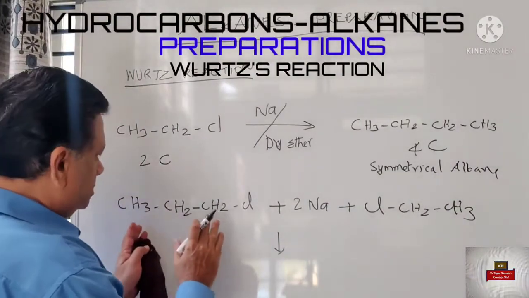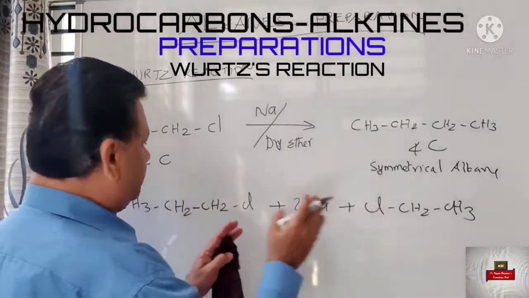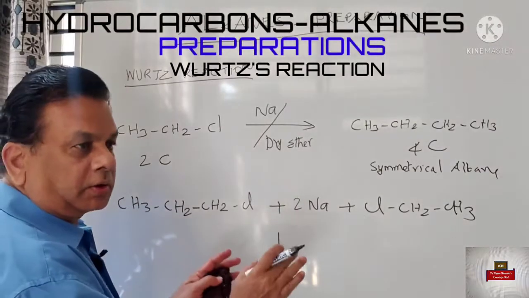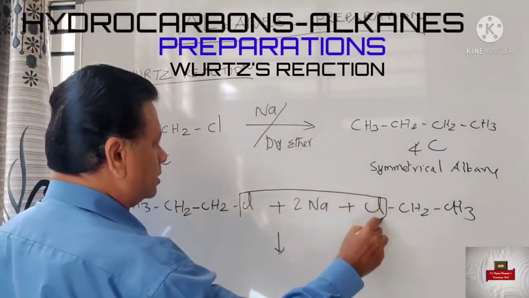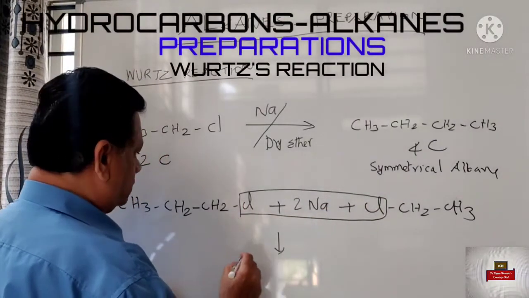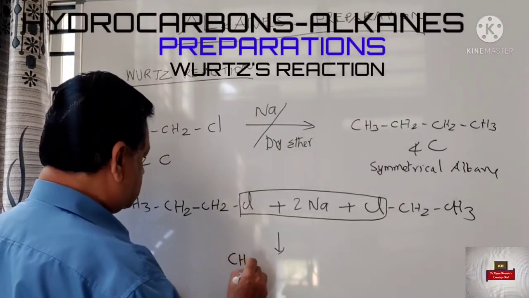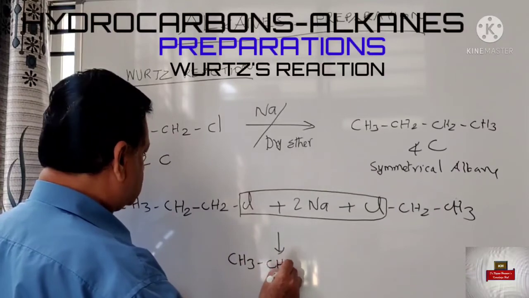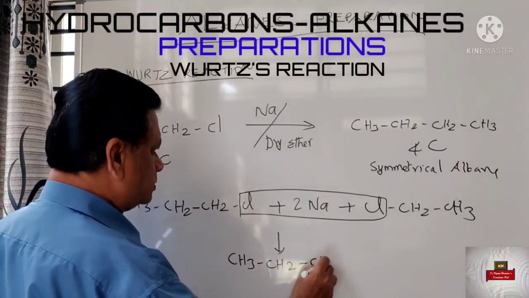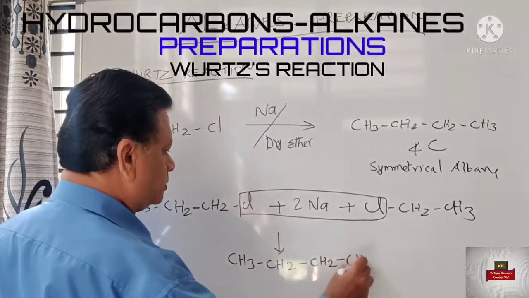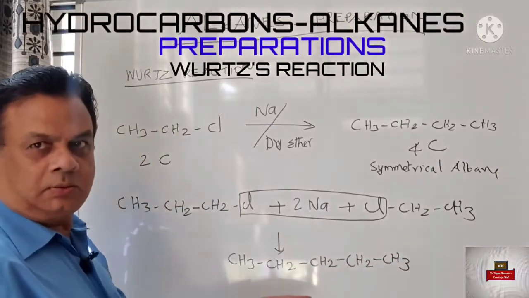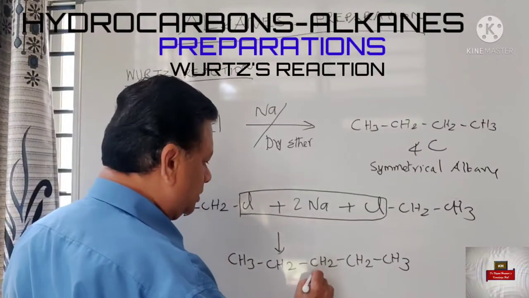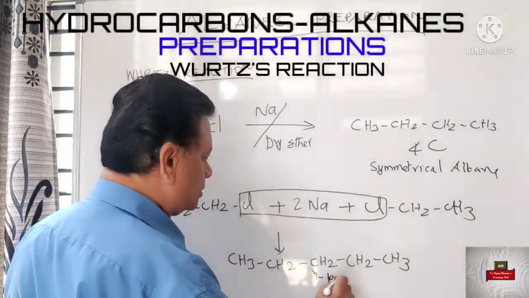Now we are trying to prepare a 5-carbon hydrocarbon, that is pentane. What will we get? CH3 CH2 CH2 CH2 CH3. This is n-pentane.